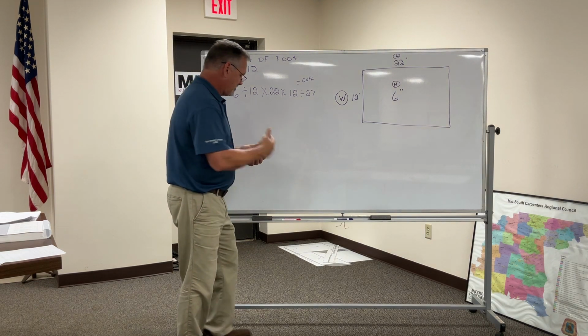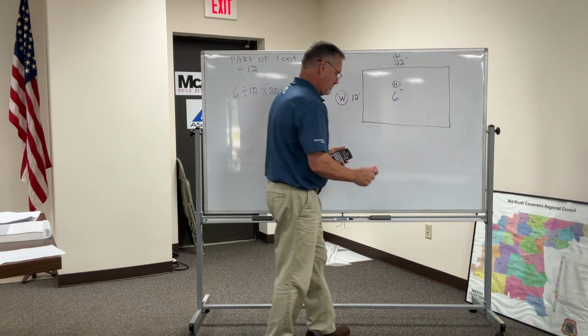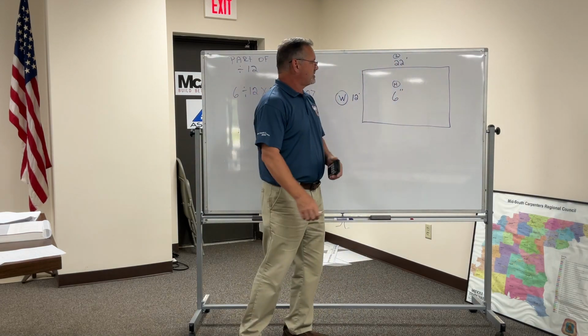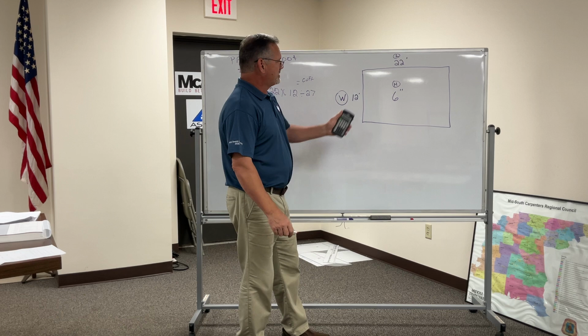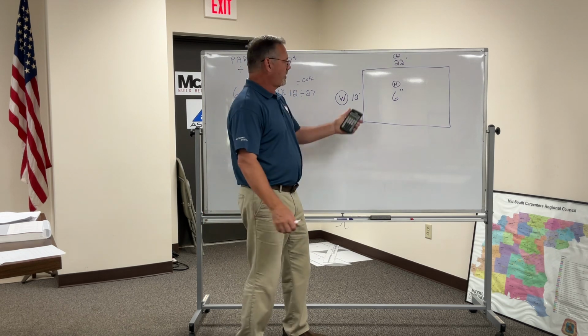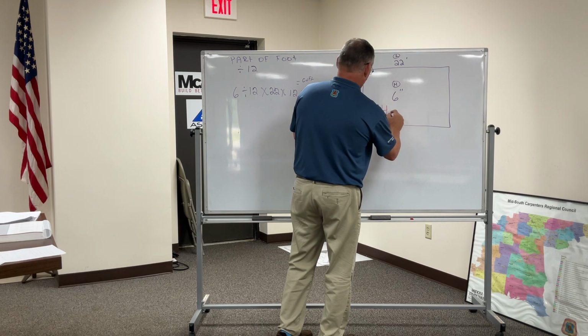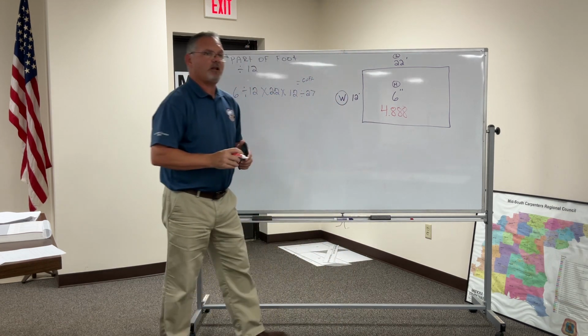Now, this is my answer. This particular figure is not in your book as far as the figuring part of it, but I come up with 4.888. Now, how many of you got that right?